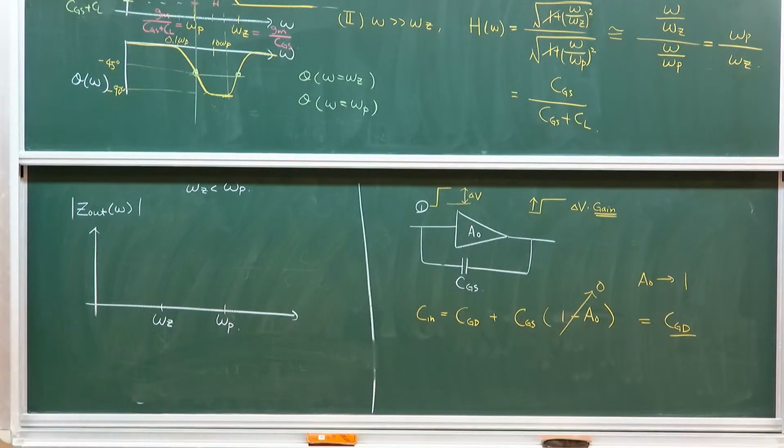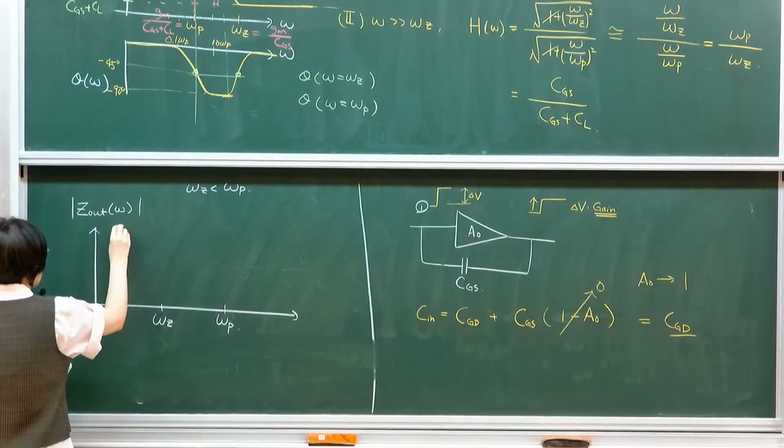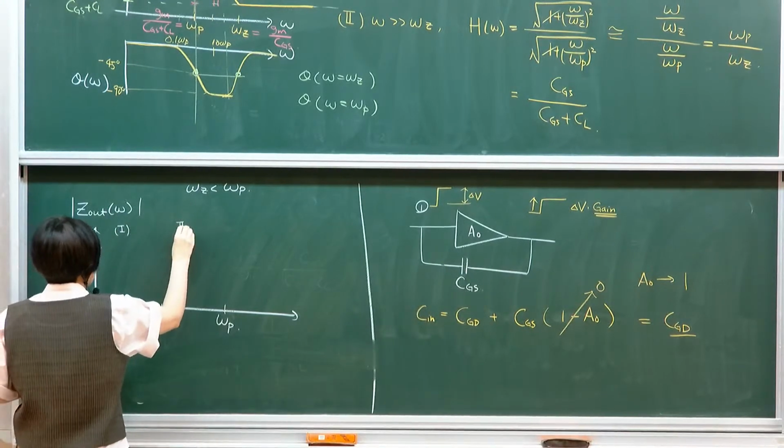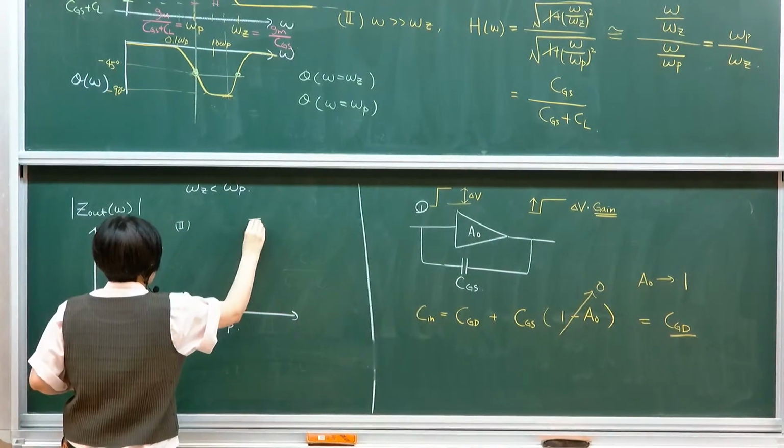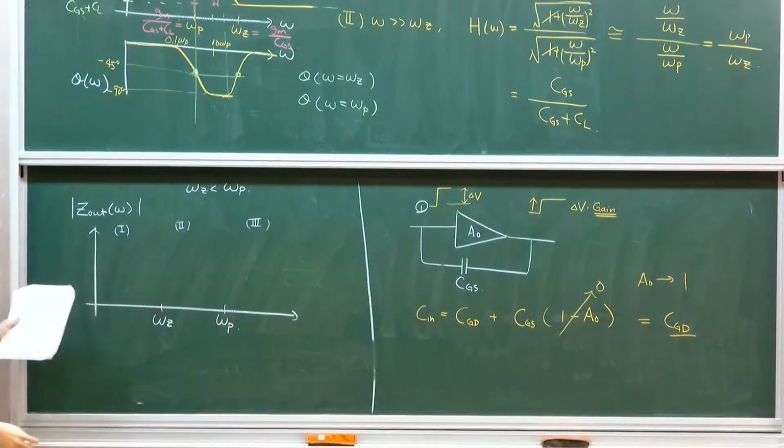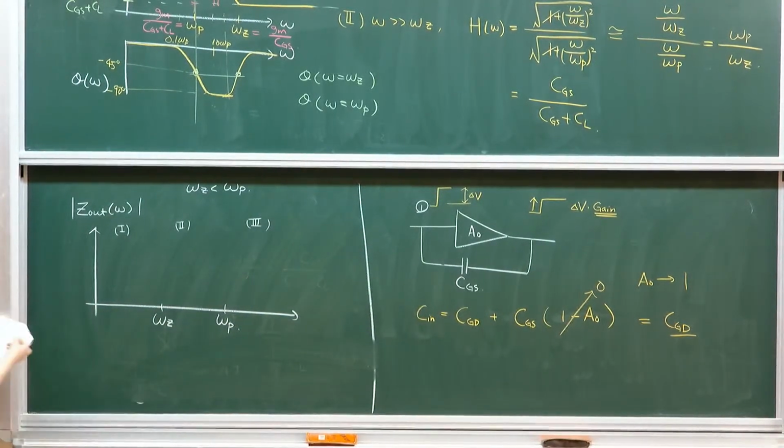And of course, you need to find out the boundaries. Boundary is at low frequency. So you look at region 1, this is region 1, 2, and 3. Okay, so let's look at region 1.